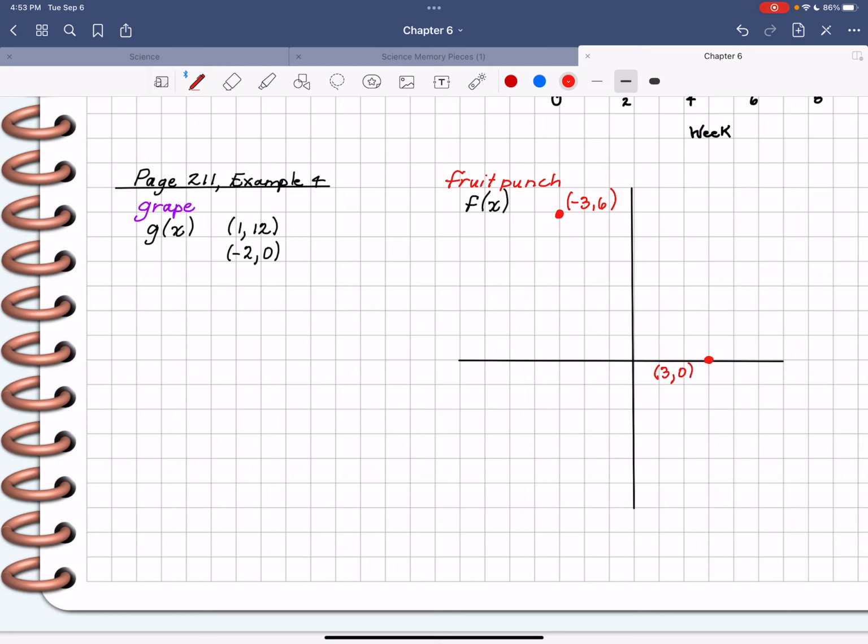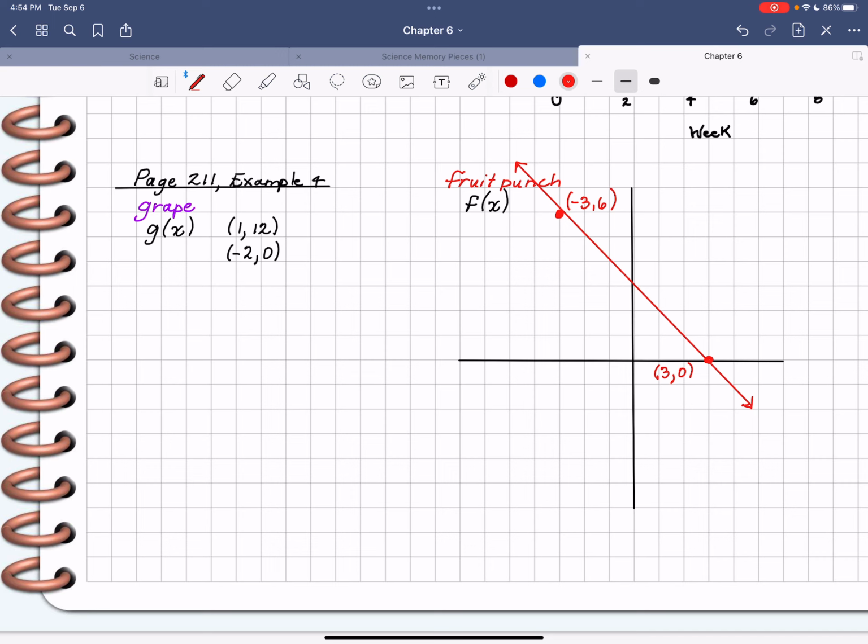All right, and then we can draw the line, just like they have in the book. So I can tell you that the fruit punch function has a negative slope. So there's the fruit punch function, also known as f of x.